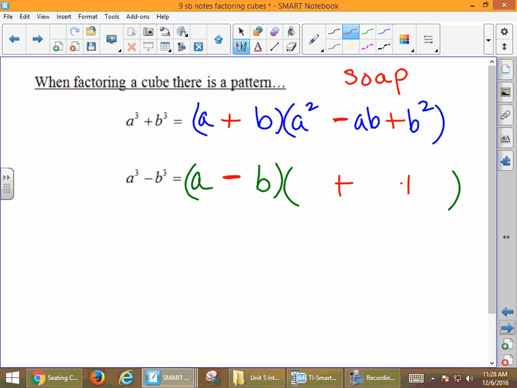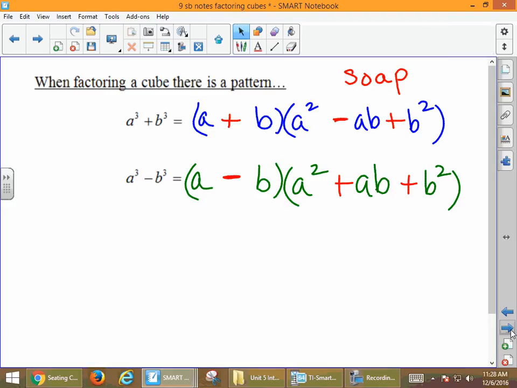Always positive. And then we can fill in the rest. A cubed divided by a is a squared. B cubed divided by b is b squared. And the last part, a times b is ab. We already have the signs in there.